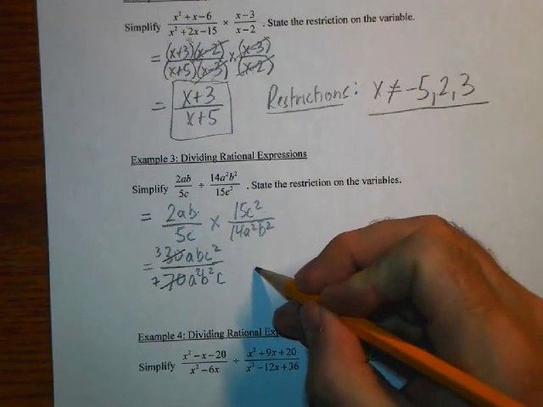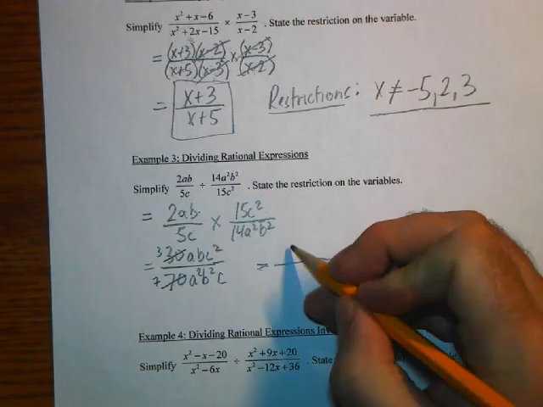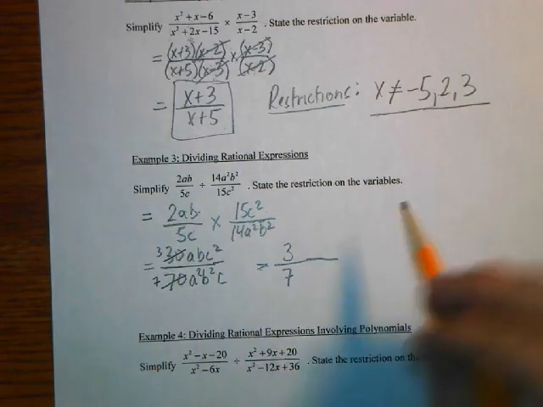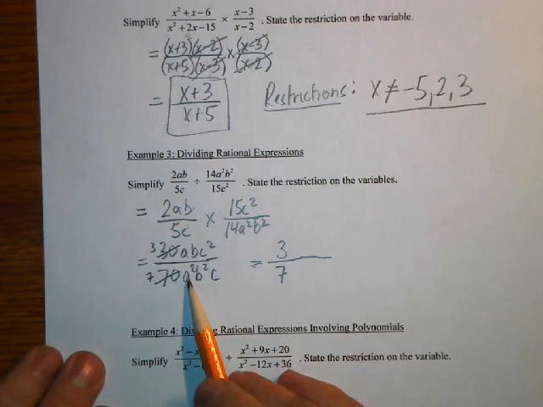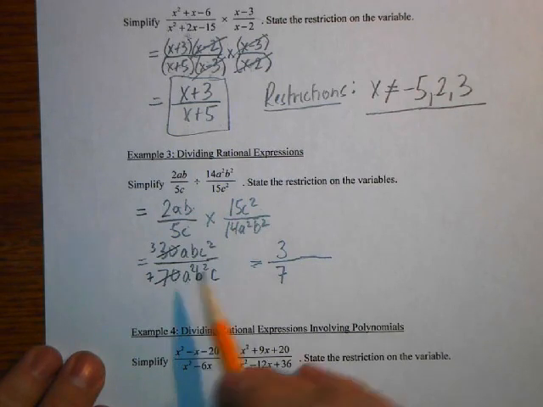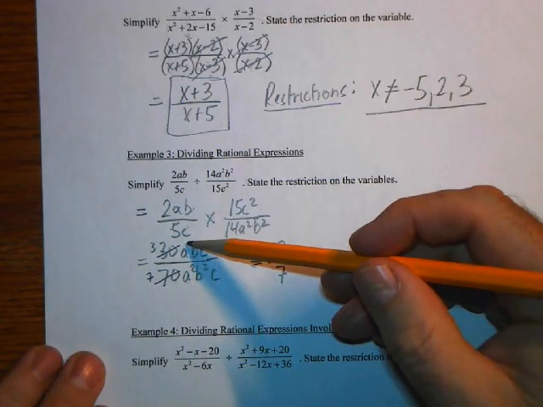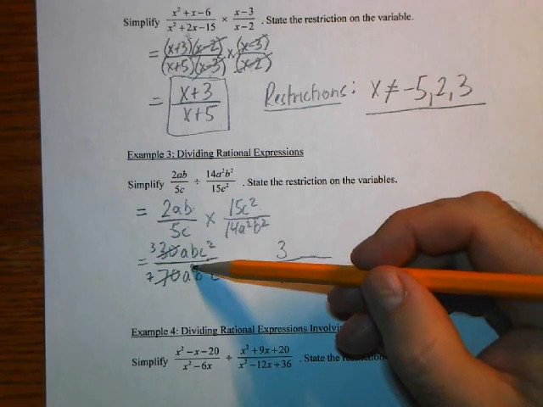So I know I've got a 3 over 7, which was the 30 over 70 simplified. Now when I look at the a over a squared, there's a couple ways you can do this, and hopefully you'll do it the quicker way. But you could do it the old-fashioned way: the exponent of the top minus the exponent of the bottom of that variable. So it'd be 1 minus 2, which would be negative 1.